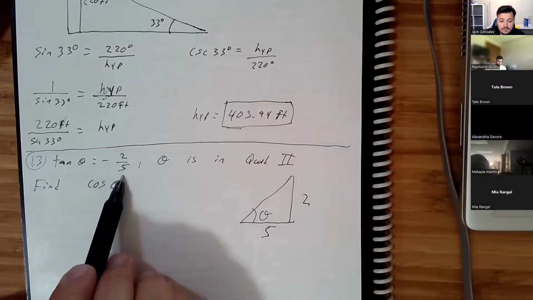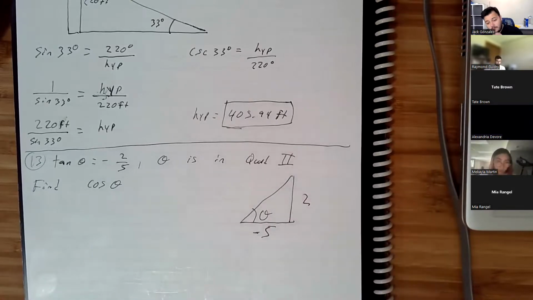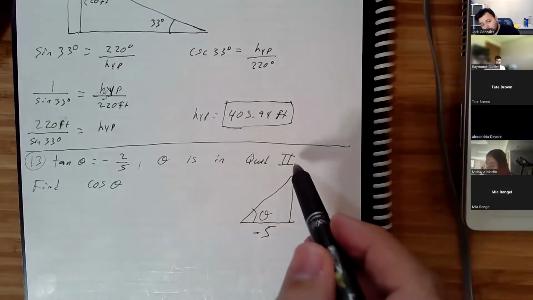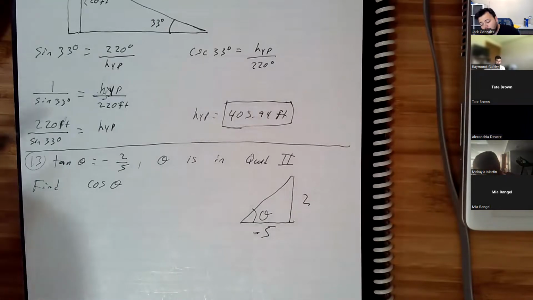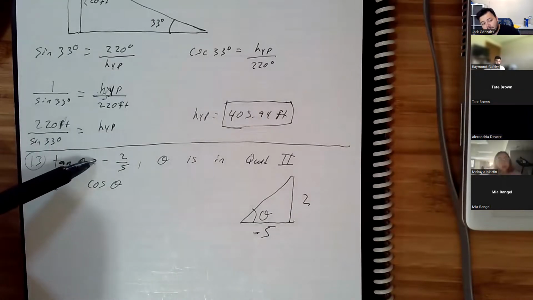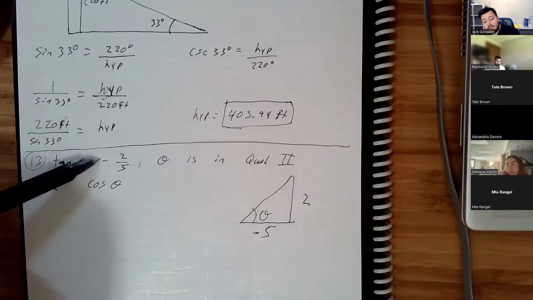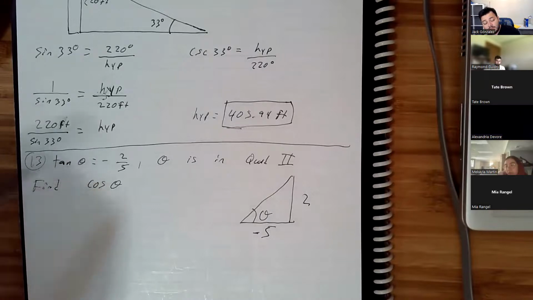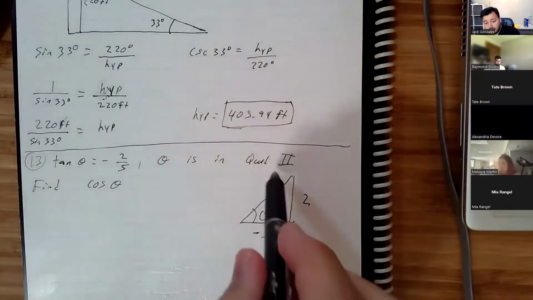Y over x. So the x must have the negative, because we are in quadrant 2. Because when they write it this way, they're not telling you where the negative goes, right? It's just in front. Technically, you could go up or on the bottom. Either one is equal to this. But quadrant 2 tells us where.